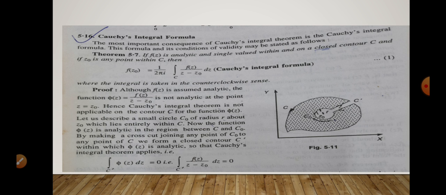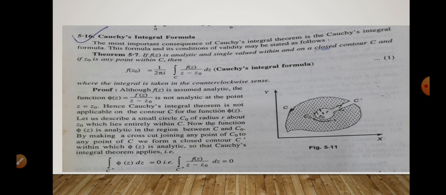Okay, so now the next topic is Cauchy's integral formula. First we will have the statement, after that we will prove it. The most important consequence of Cauchy's integral theorem is Cauchy's integral formula. This formula and its condition of validity may be stated as follows. What is the statement?